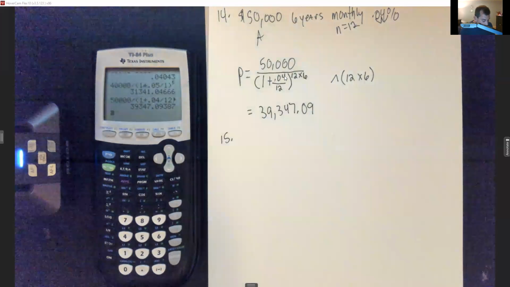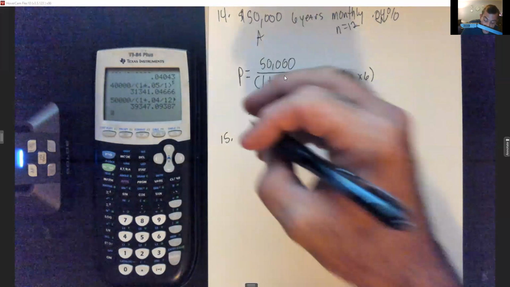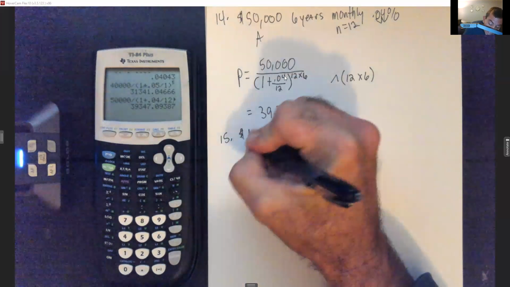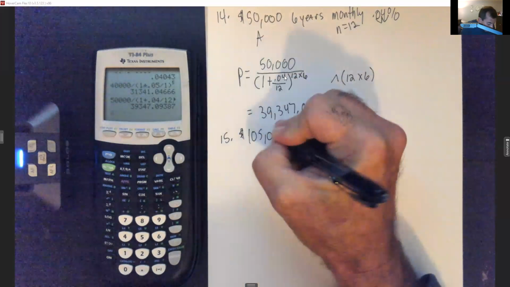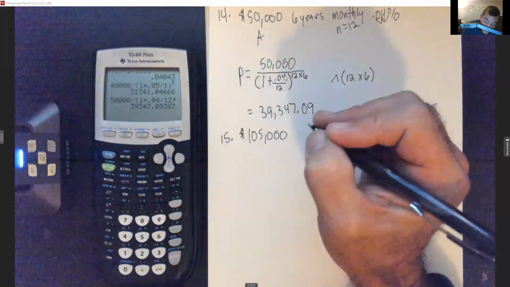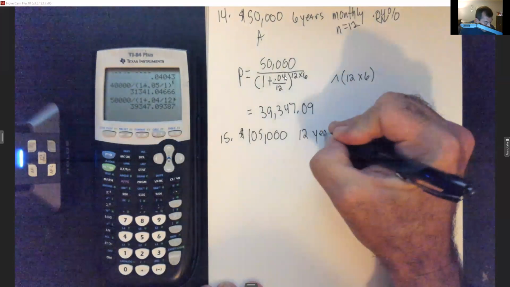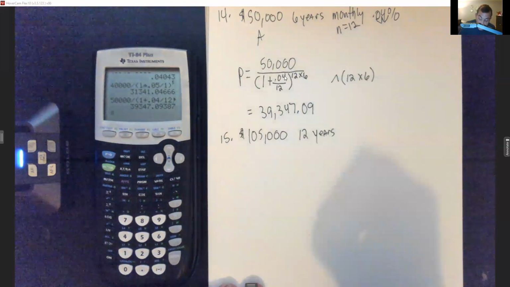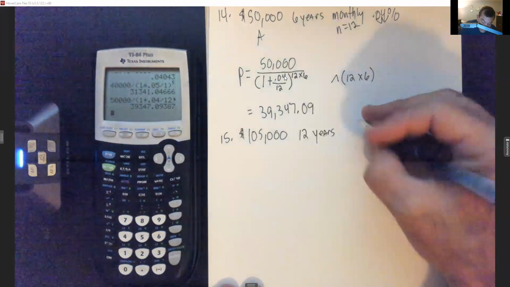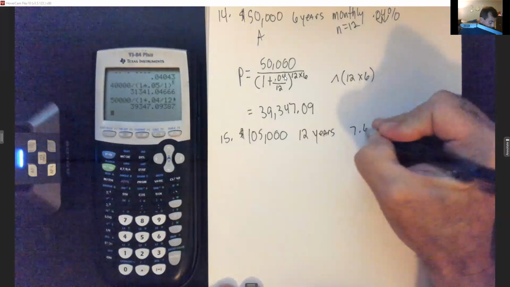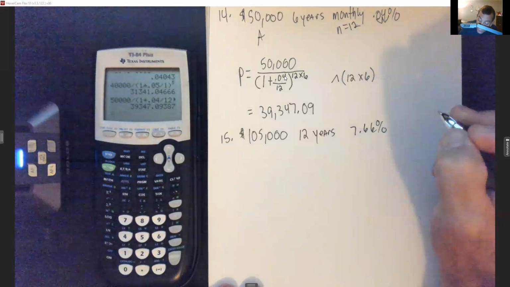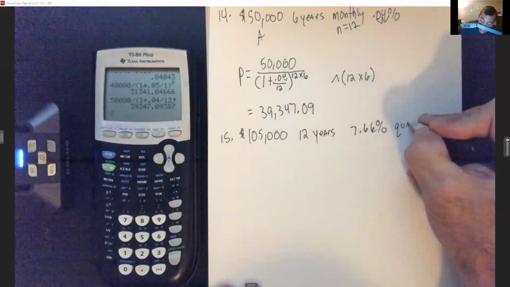All right, y'all, same thing. This one wants to have 105,000 for a college fund, and they want that in 12 years. They're going to invest that in an account with an APR of 7.66%, quarterly compounding.